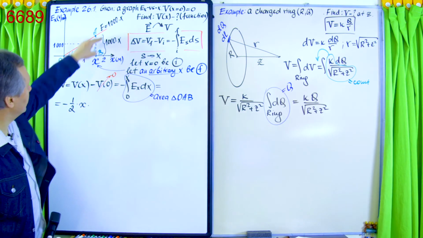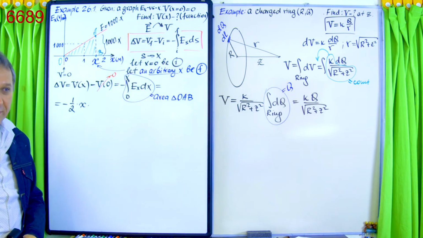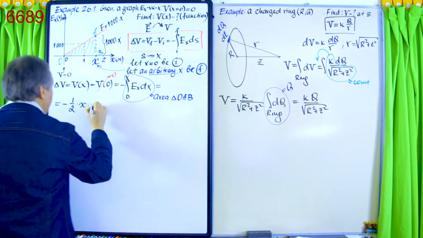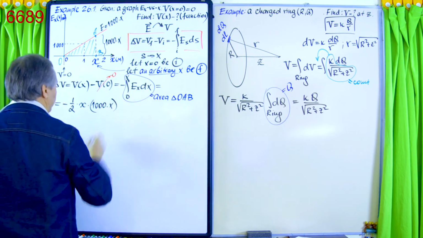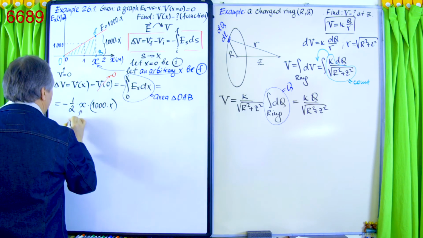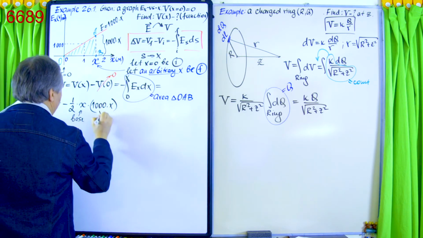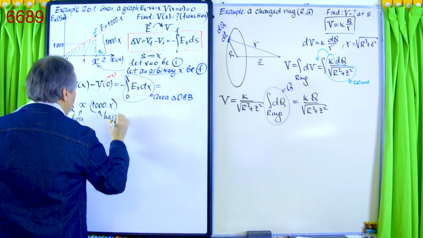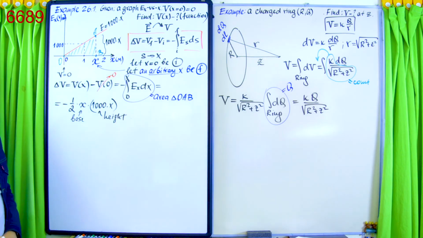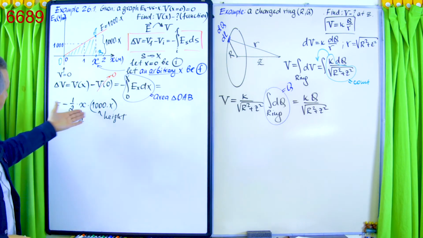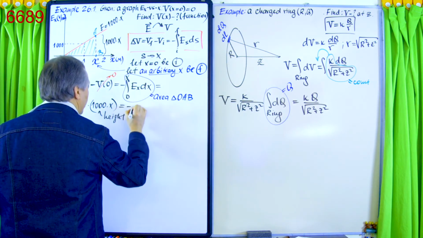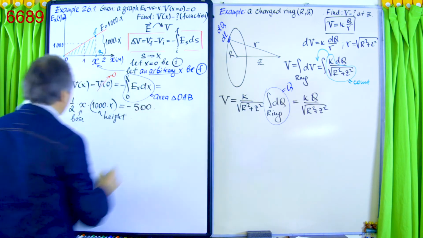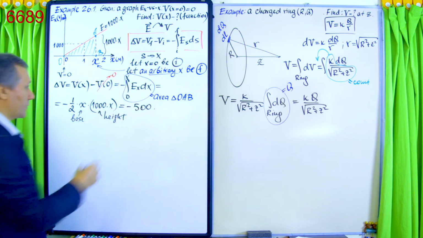So the base is x, and this height is 1000 times x. So now I can write it here: 1000 times x, base and height. Okay, so 1000 divided by 2 will be 500, so we'll get minus 500, and we have x times x, x squared.